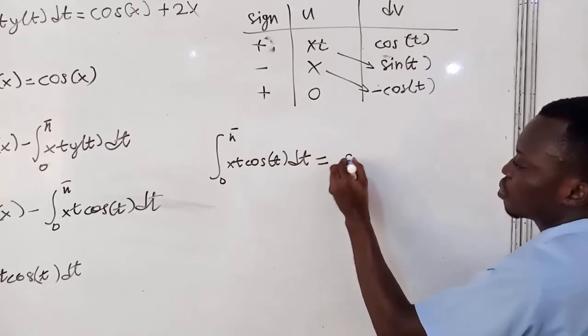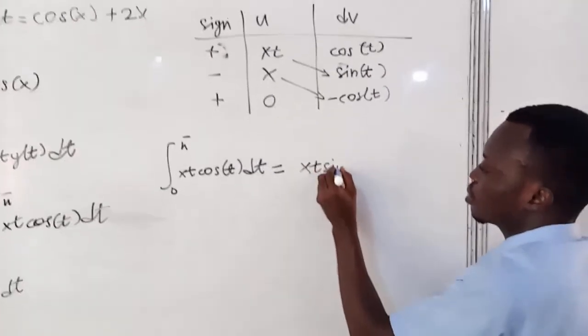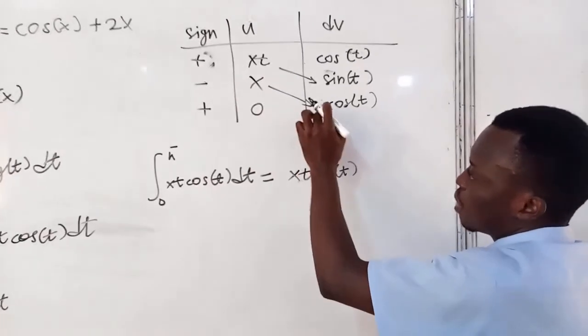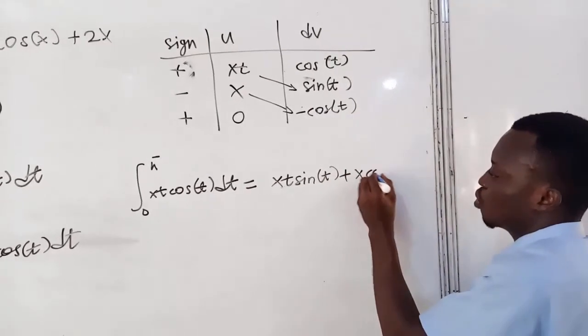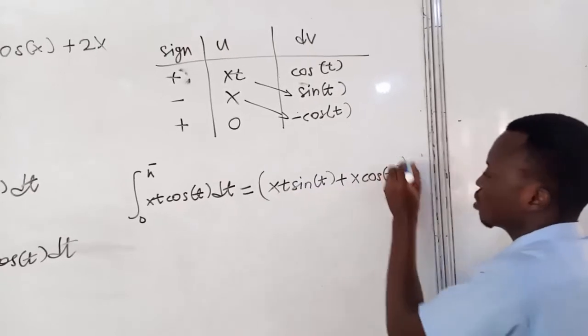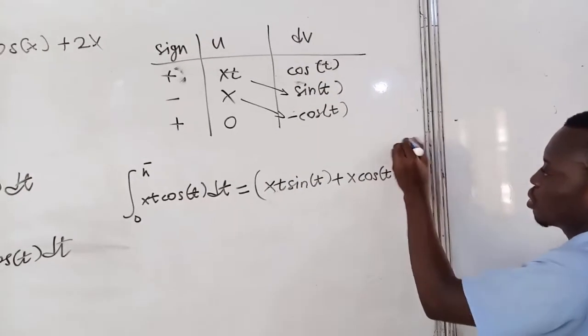So we have st sin t. This minus s times minus cos t, so it becomes plus s cos t. And you are going to evaluate this from 0 to what? Pi.